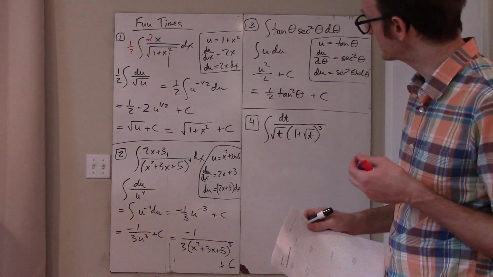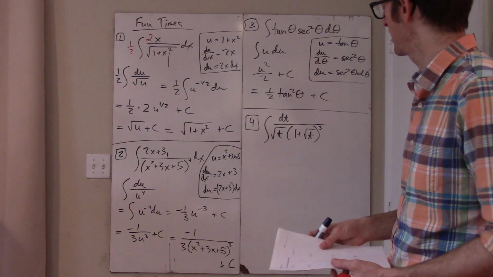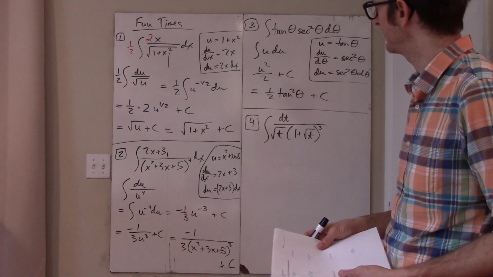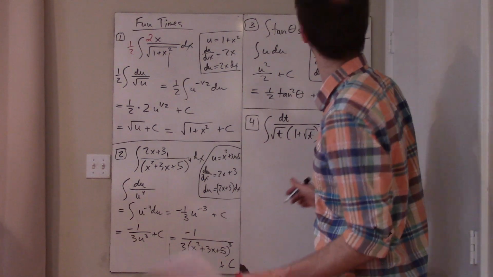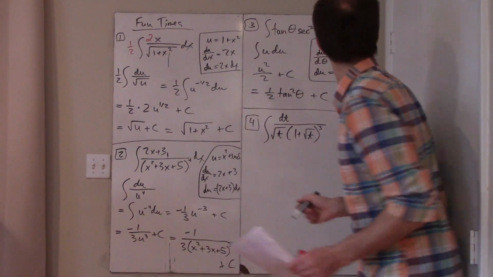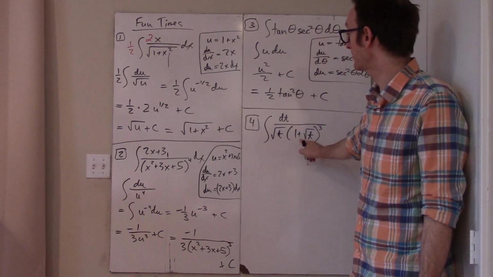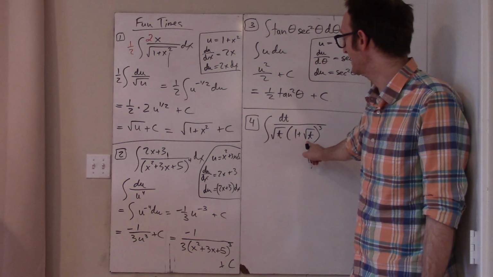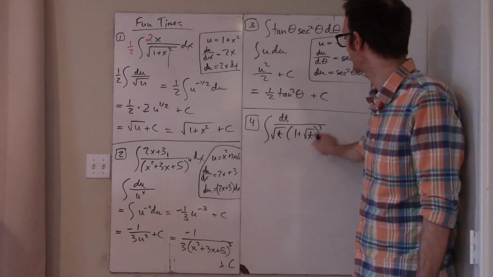Well, perhaps now it's obvious to some people, but less obvious to others, that there's an inner function and an outer function. The inner function appears to be 1 plus root t, and the outer function appears to be something to the third power, or to the negative third power.